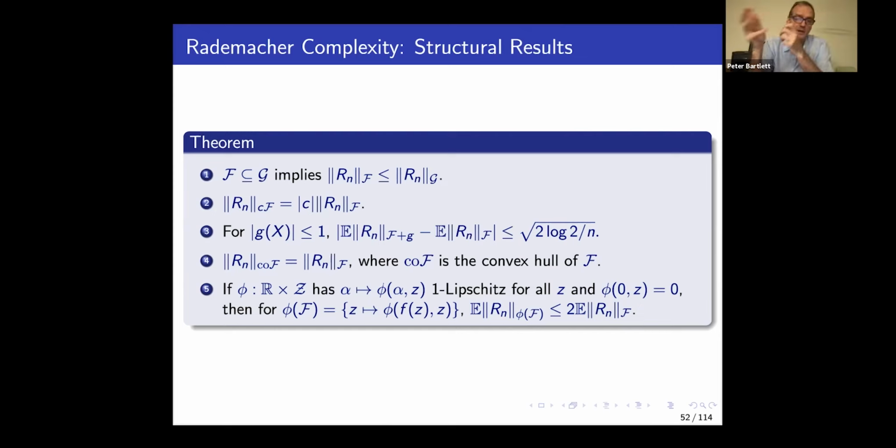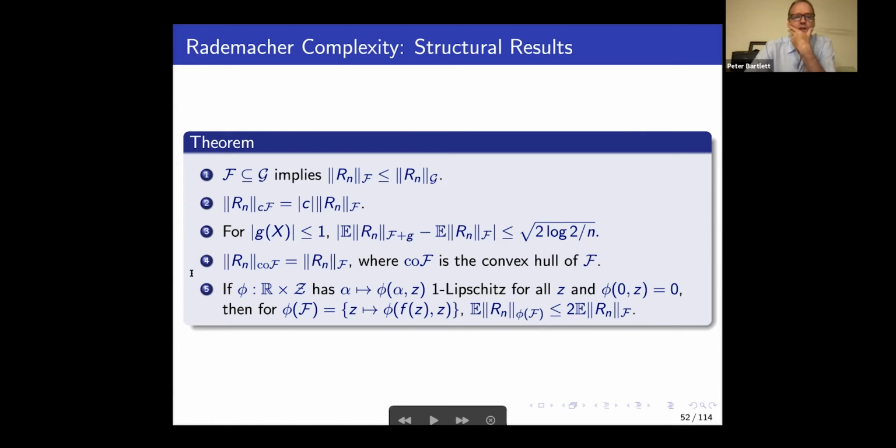If you scale f up by a constant, the whole thing scales up by a constant. The third one is saying, if you have a class of functions and you add on any fixed function, then the Rademacher complexity is not very different from the original class. So adding a bounded function changes things by a 1 over square root of n kind of level.